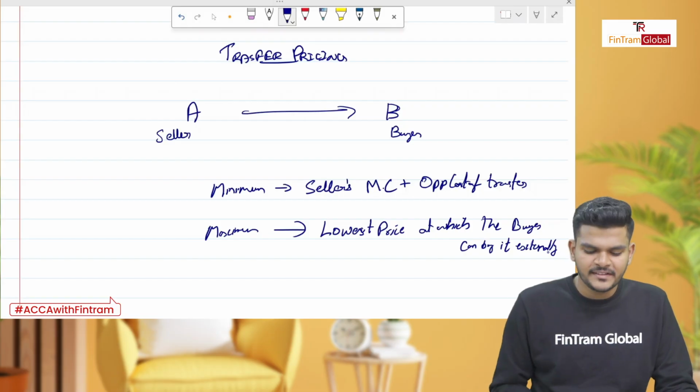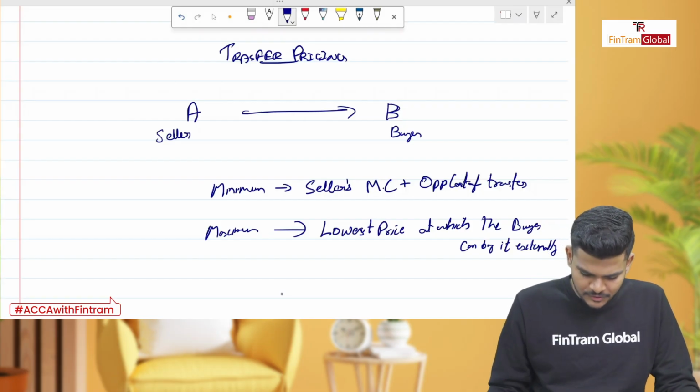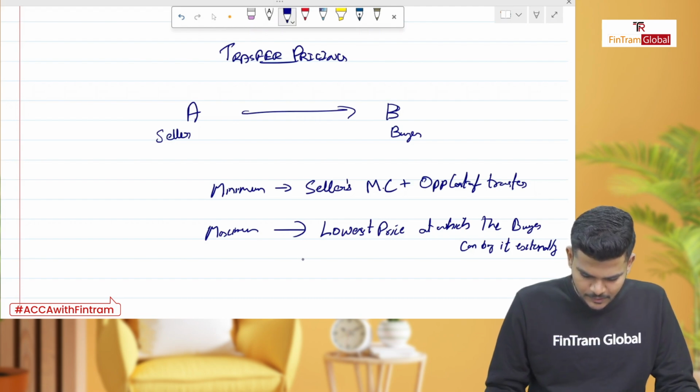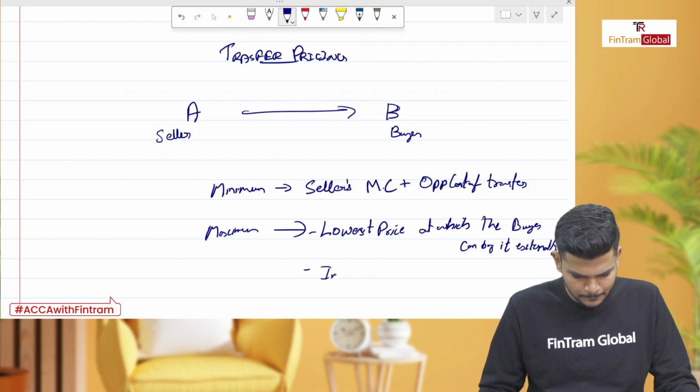The lowest price at which the buyer can buy it externally. And of course, if there's any internal savings, right?